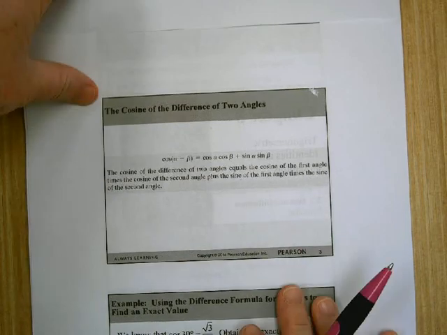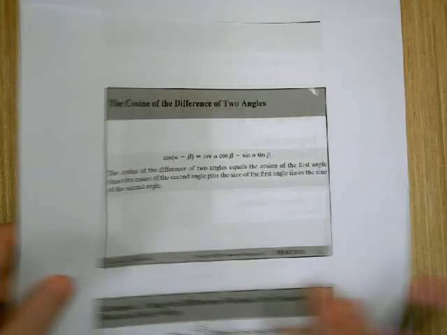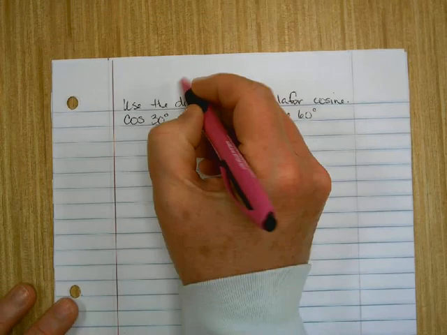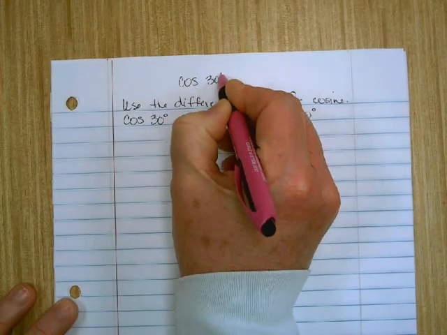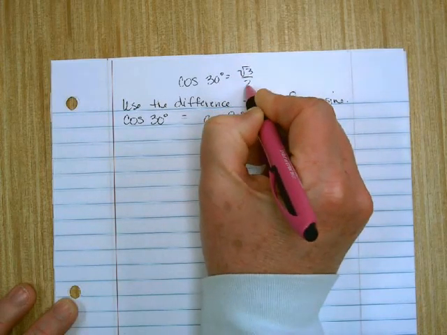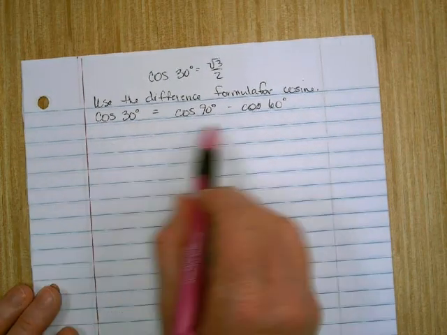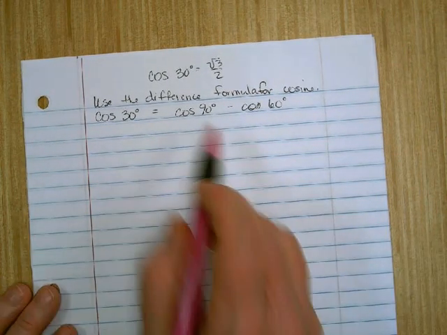So our first example is, we know that the cosine of 30 degrees is the square root of 3 over 2. Obtain this exact value using this formula, and the difference formula.